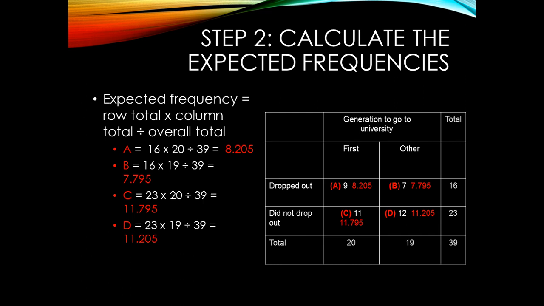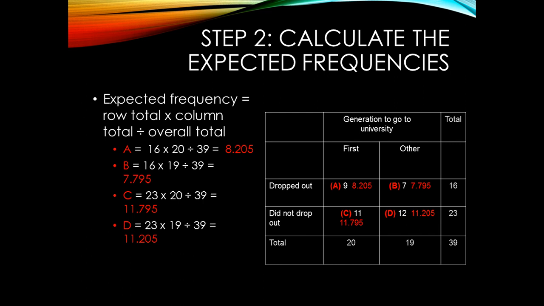If you remember, we just worked out n equals 39. So the sum of row A and the sum of column A, 16 and 20, times each other gives 320, divided by the total number of people taking part, 39. And the answer already on the screen for you there is 8.205. And hopefully that is what you've just worked out on your calculator.